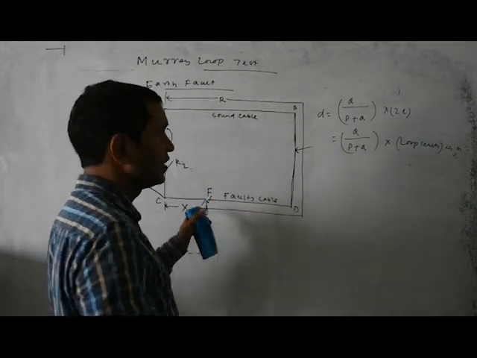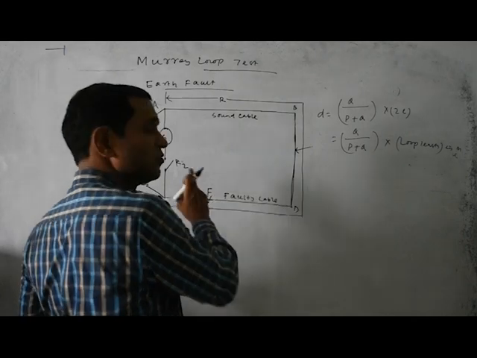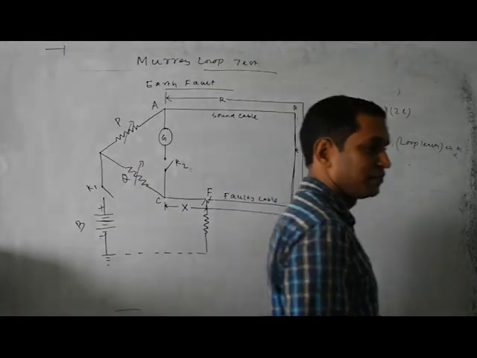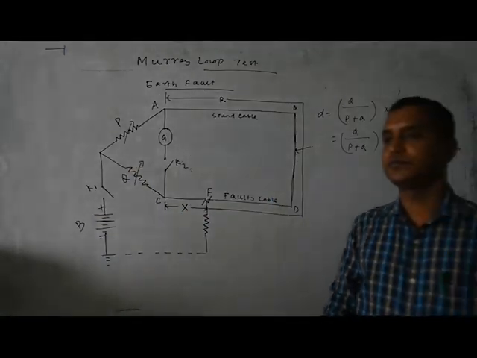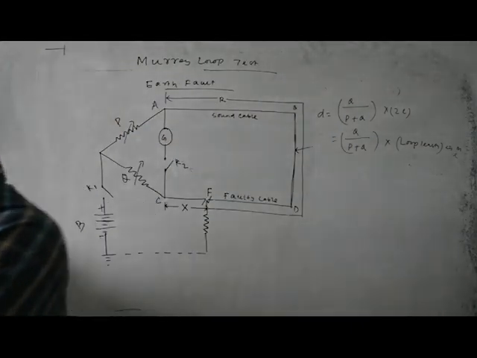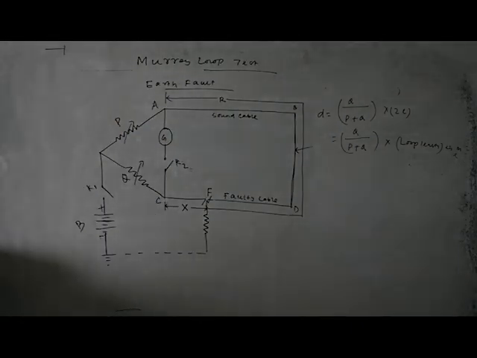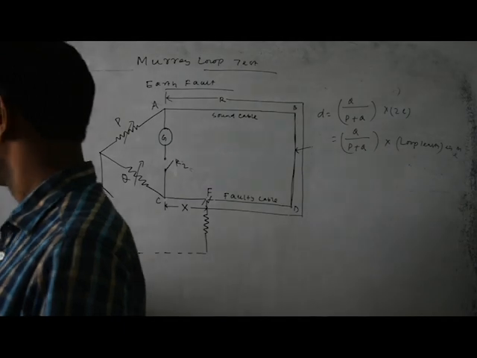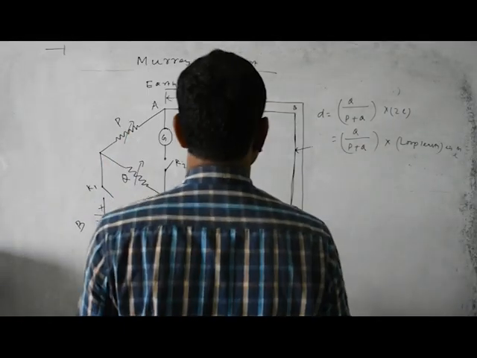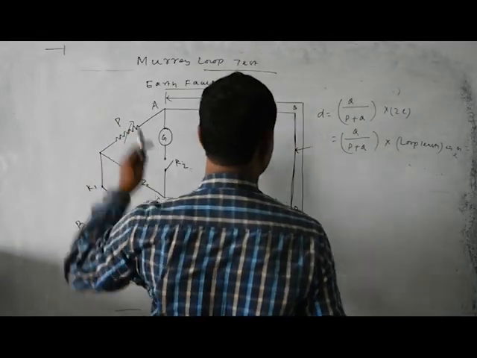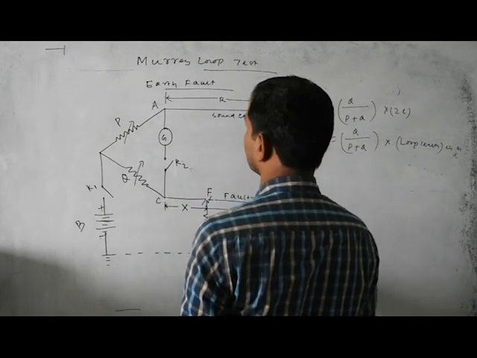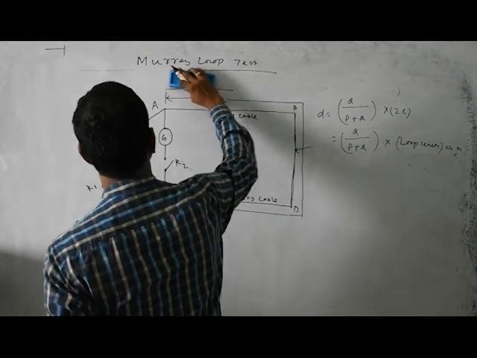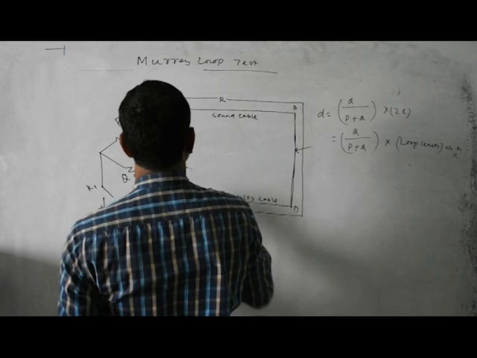If F is the fault, then this is the distance: this point to this point equals D. This is the arc fault. Now again we discuss the short circuit fault.